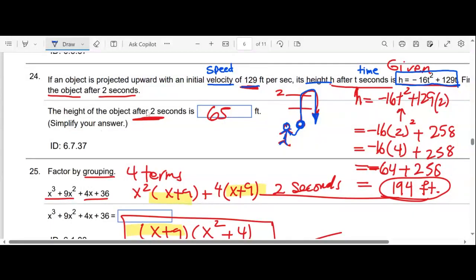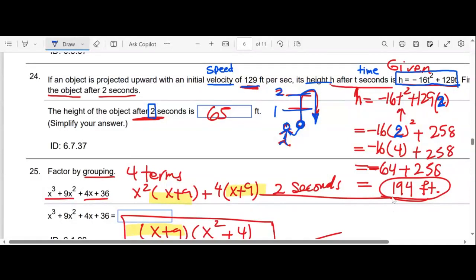So he said after 2 seconds, where the object will be after 2 seconds. This is 1 second, this is 2 seconds. Where will the object be? He wants to know the height. So you replace t by how much? 2. So you write down the equation and you replace t by 2.